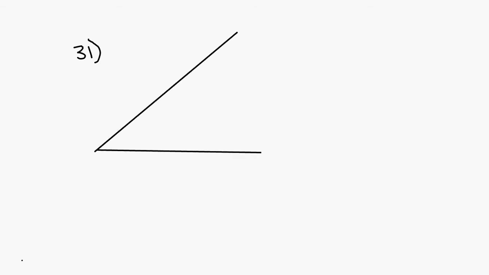Number 31. BD bisects angle ABC. So if this is angle ABC, and BD bisects that angle.